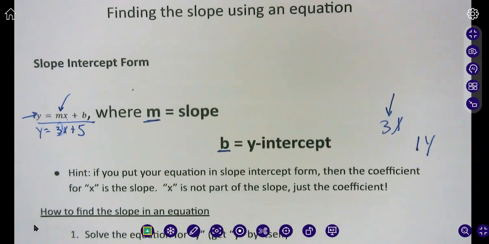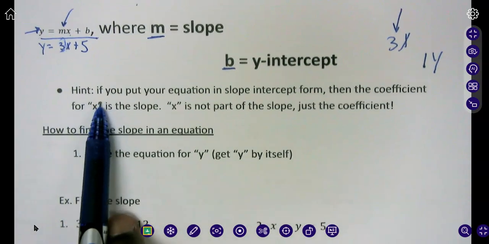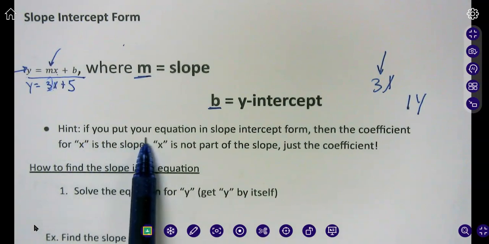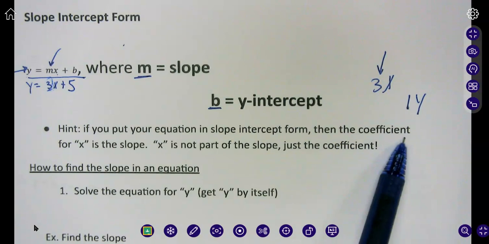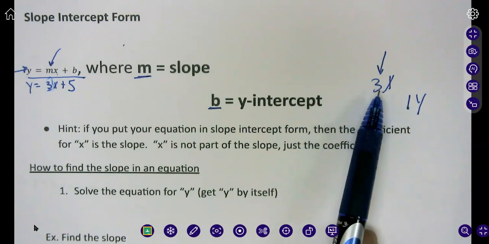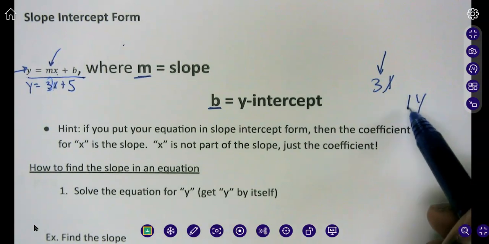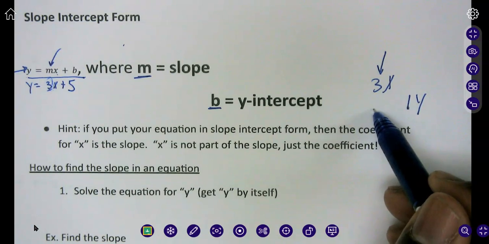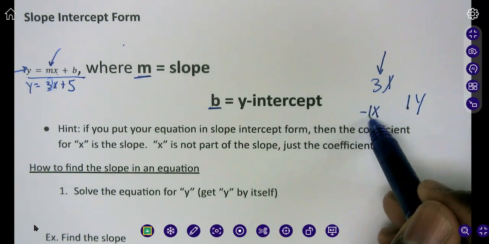That's important. All right? So, hint, and by the way, this is stuff that you need to have written down in your notes. If you put your equation in slope-intercept form, then a coefficient is a number in front of the variable. So if I have y and there's no number in front of it, it's understood to be a 1. Or if I have negative x, the coefficient is negative 1.